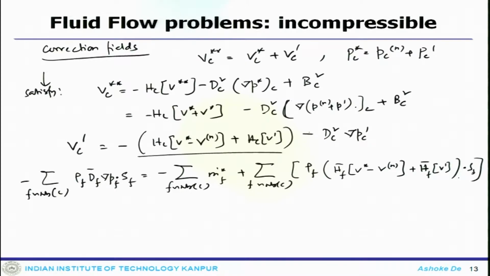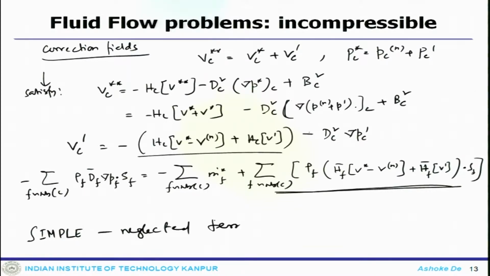Now, the underlined term which is here, this can be neglected, or typically this is neglected. The term neglected in the PRIME can become smaller, but the term neglected in the SIMPLE algorithm was Hc V prime.